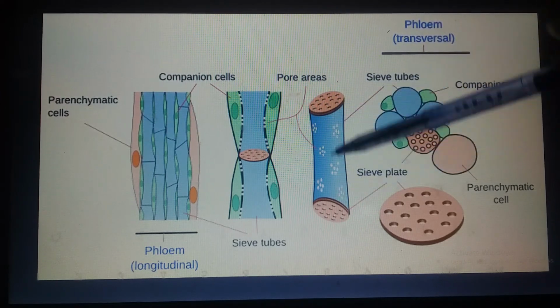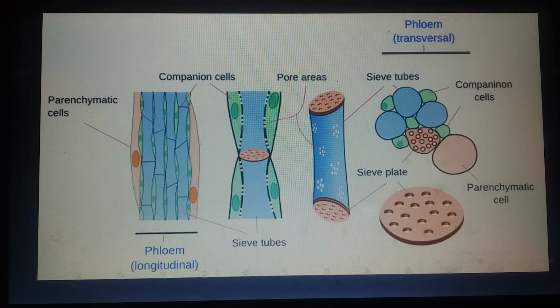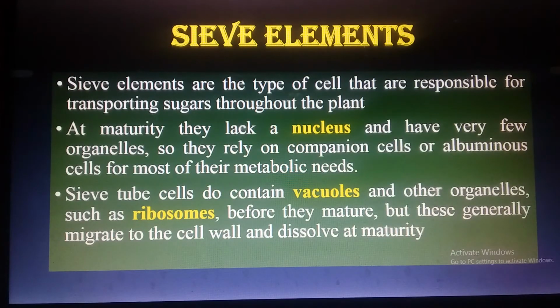The sieve tube is used for the conduction of food from leaves and green parts of the plant to all parts of the plant. So sieve elements are the cells responsible for transporting sugar throughout the plant.